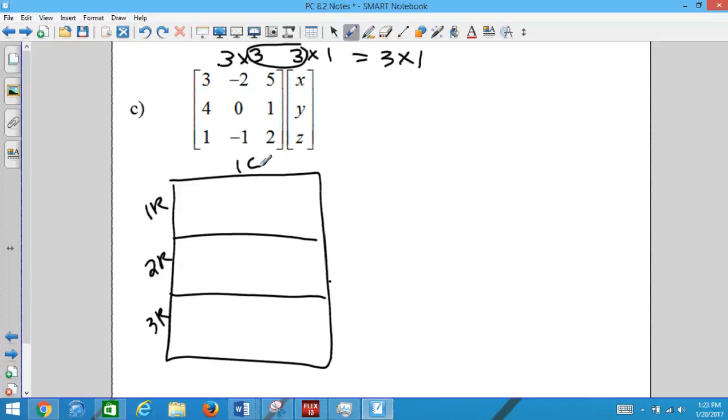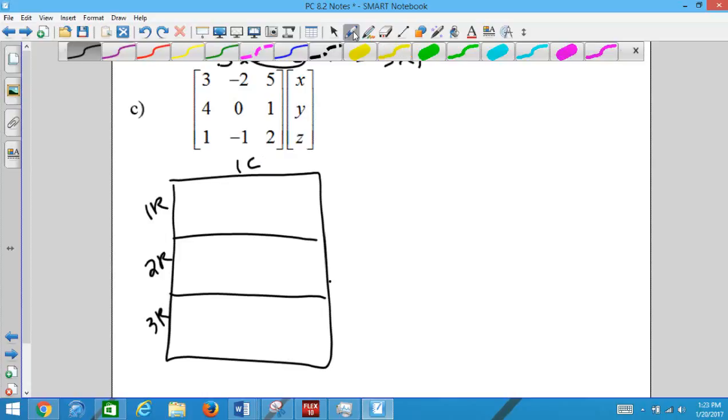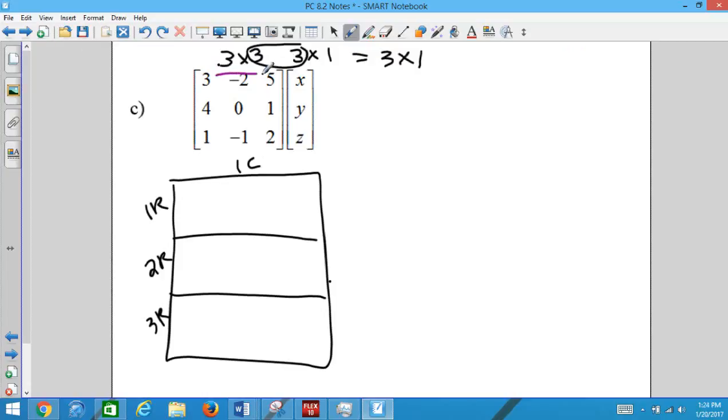That's what we'll have when we're done. So we're going to take our first row, multiply that by our first column. 3x plus -2y plus 5z.